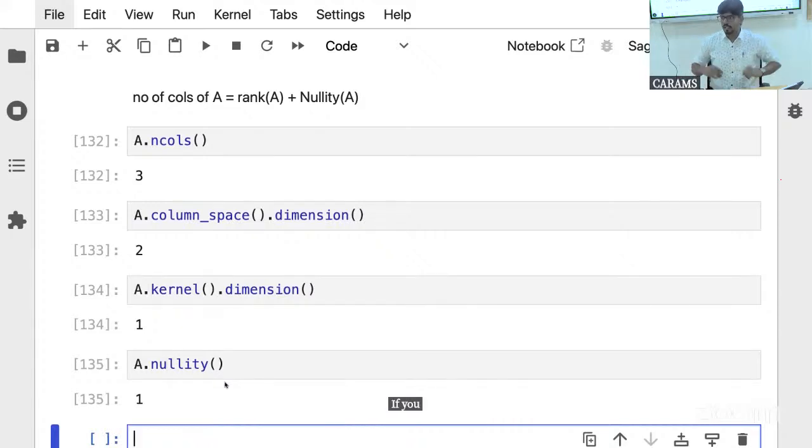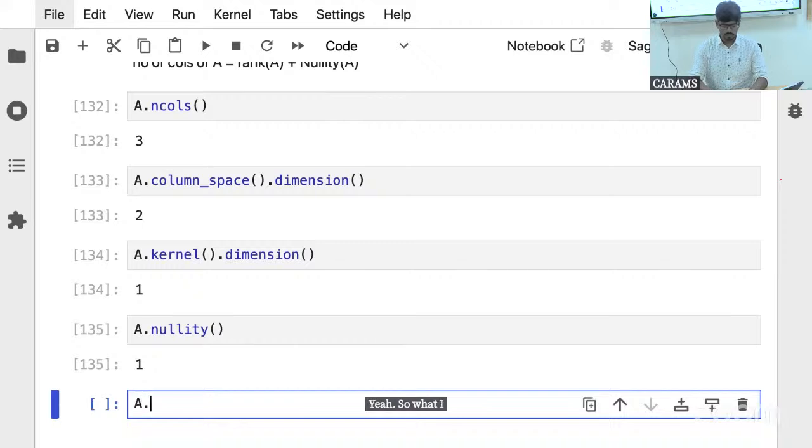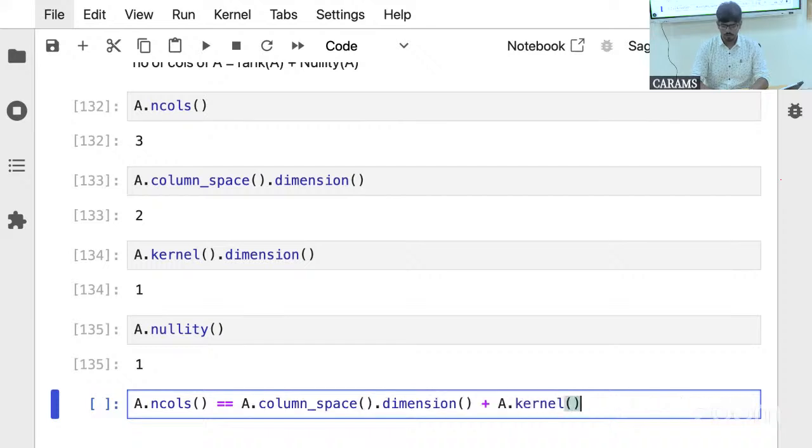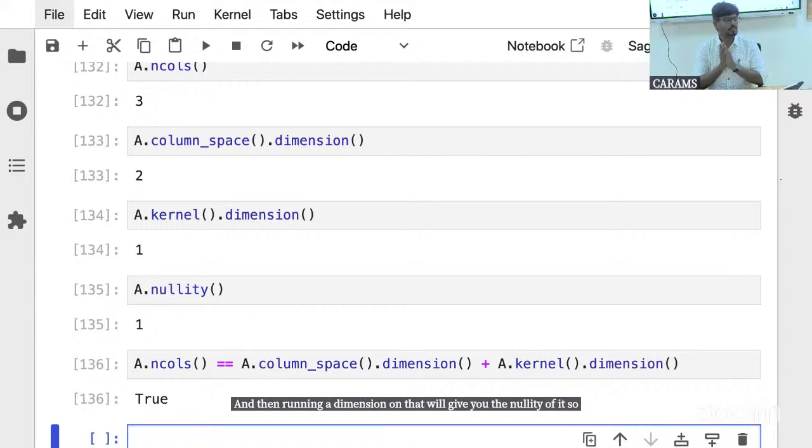So if you want the nullity directly without finding the kernel and then the dimension later, you can run nullity on it. Now I just have to check whether the number of columns of A is equal to the rank of A plus the nullity. A.column_space().dimension() will give you the rank of A, and A.kernel().dimension() will give you the nullity. So yes, that's good.